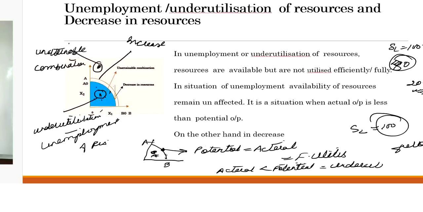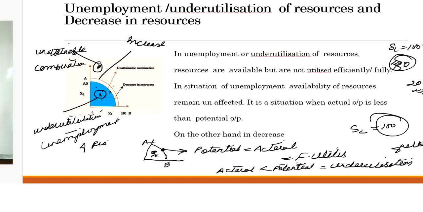So in this way, this production possibility curve or PPC curve helps us to analyze different kinds of problem. What is the present scenario, whether our actual production is equal to potential production? Then we need to improve technology because our resources are fully utilized. But demand cannot be stable.